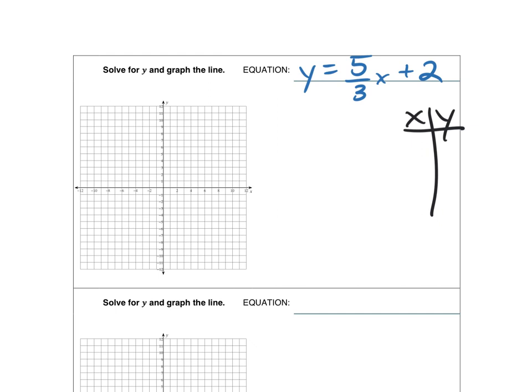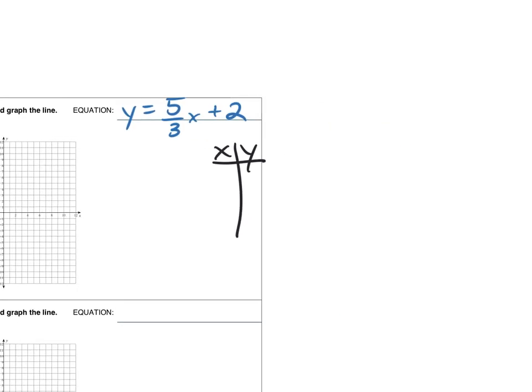Now, if you can remember when we were doing equations that had an integer slope, we used the default of -1, 0, 1. The reason we did that was because we were trying to find numbers that would be the easiest to use and would end up giving us an integer value for y.